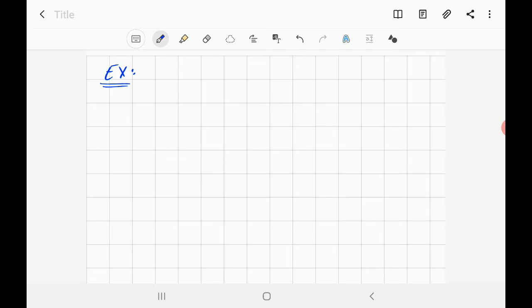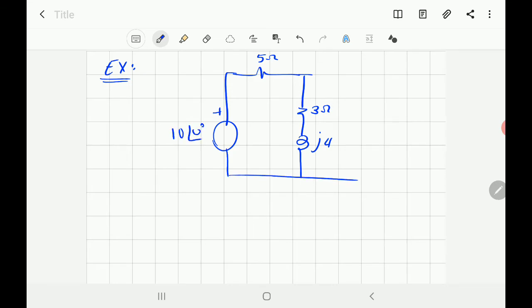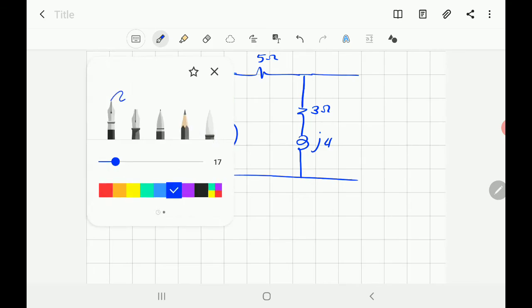You got here a circuit, 5 ohm and 3 ohm, J4, voltage source 10 on angle 0, and it's required to calculate the load.